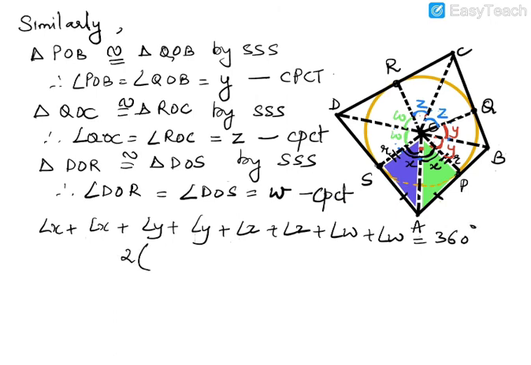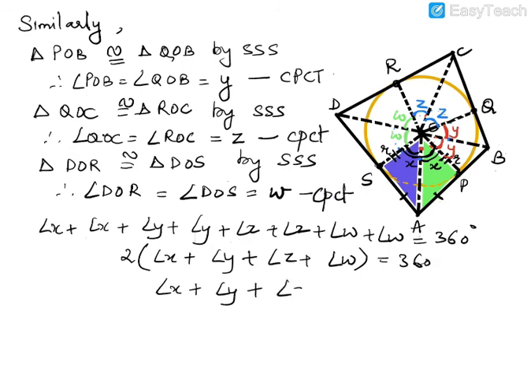This is same as 2 times angle X plus angle Y plus angle Z plus angle W equal to 360 degrees. So angle X plus angle Y plus angle Z plus angle W is equal to 180 degrees.